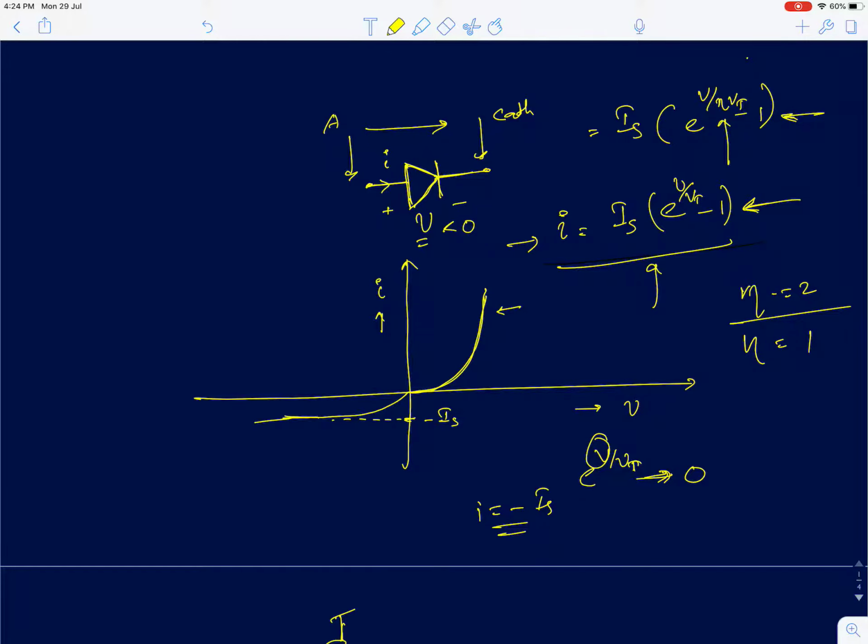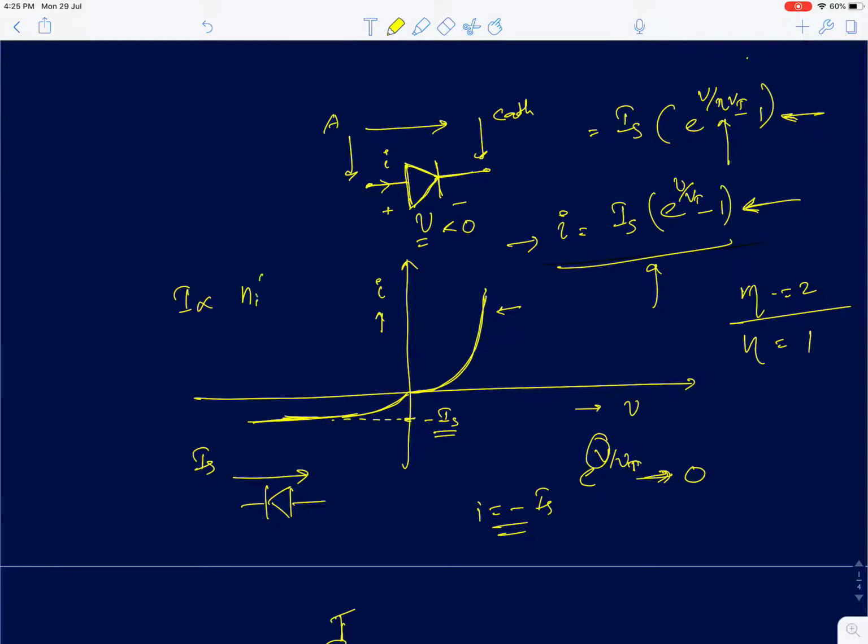So eventually you get a current of value Is in the reverse direction, flowing from the cathode to the anode, in this direction. This current is called the reverse saturation current, and in the derivation of the diode current equation, Is is proportional to the minority carrier concentrations.